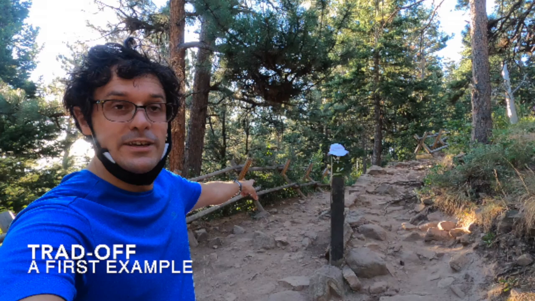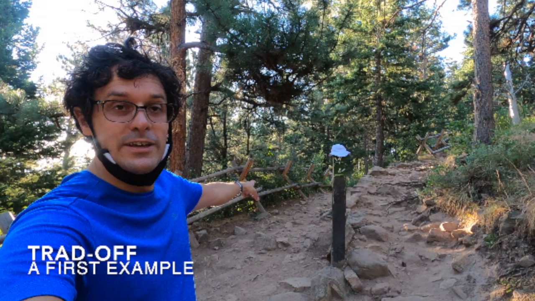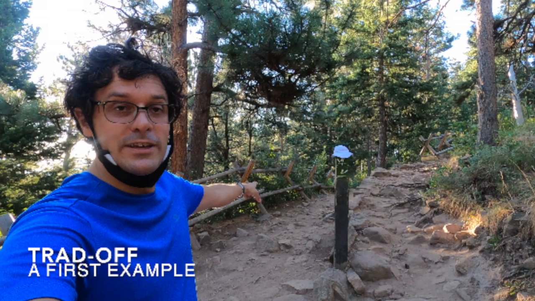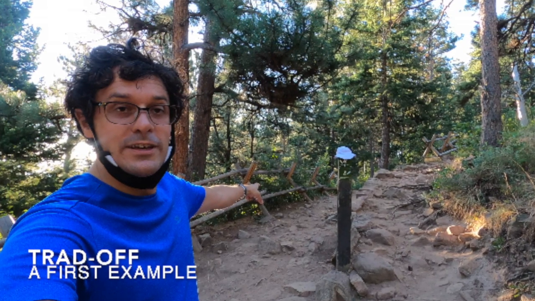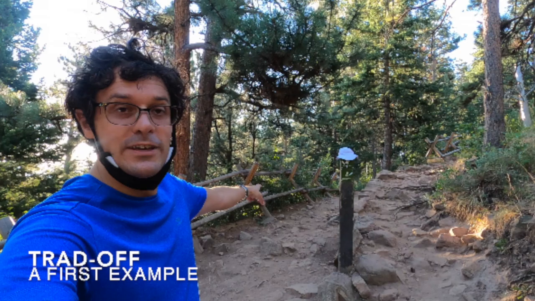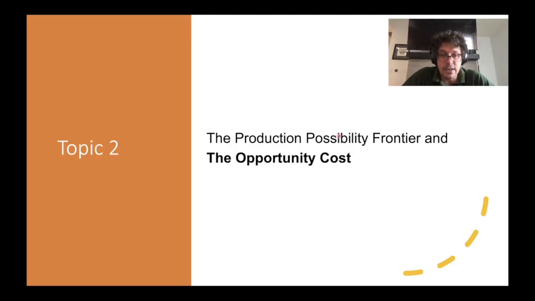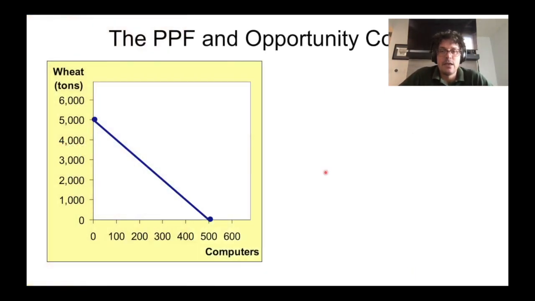Remember our example where we were walking on the trail, where the scarce resource was time, and we could use time to go left or time to go right. So again, we can use the production possibility frontier in order to understand what is the opportunity cost that a society faces when it chooses to produce one good versus another good.